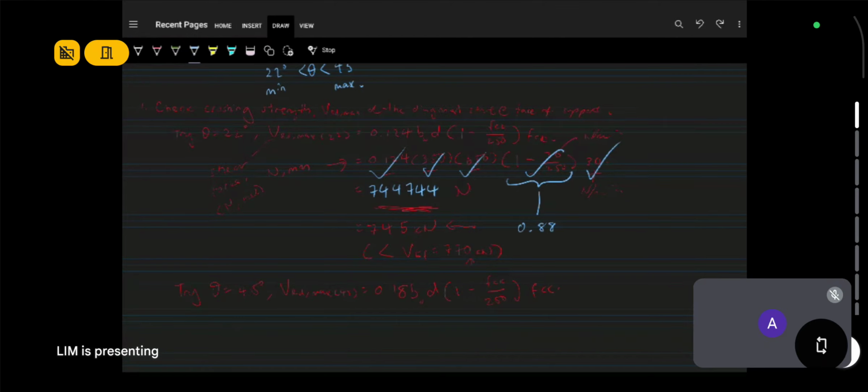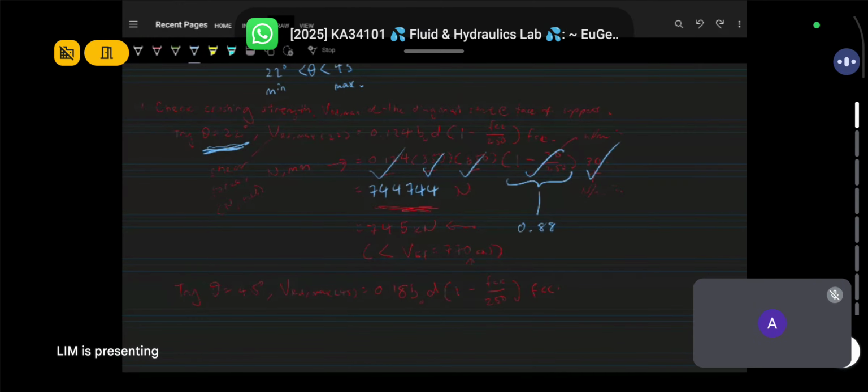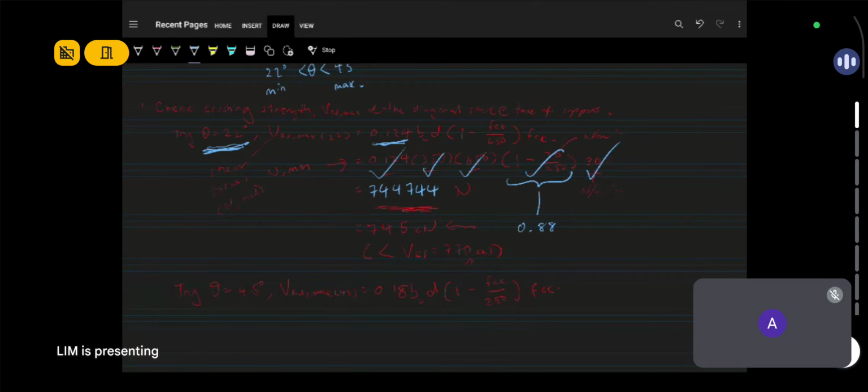Now, pay attention. When you try an angle of 22 degrees, the formula for VRD max has 0.124 in front. The rest is the same. When you try 45 degrees, then it's 0.18. The rest is the same. The only difference between the two angles is the first number in front of the formula.